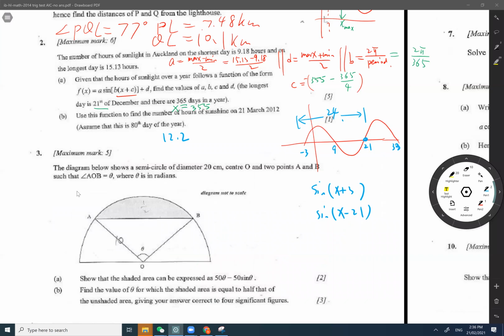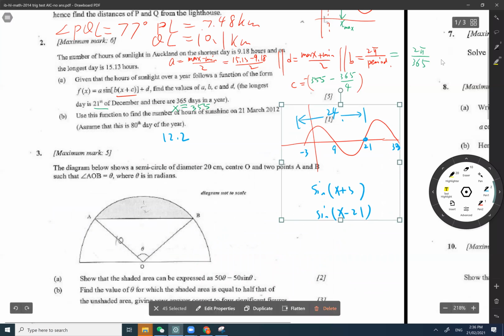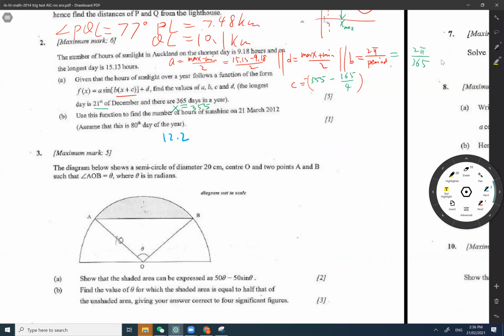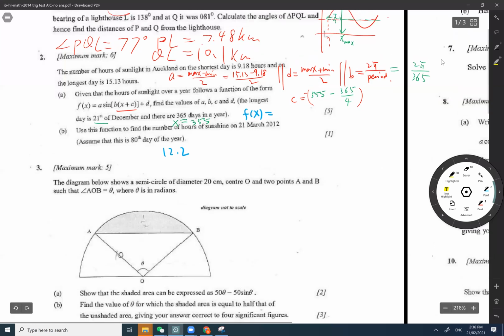Okay. So that's how we find it. But the question, what's the answer? f(x) equals... Andrew, what's your A? 2.975. B is just 2 pi over 365. They didn't say how many significant figures. X minus 75.